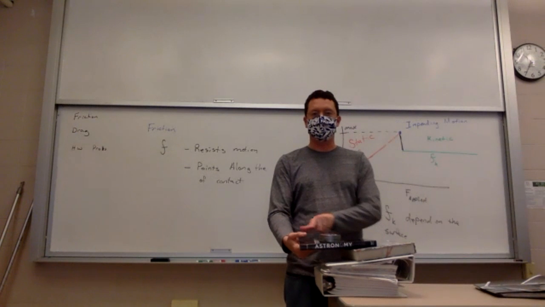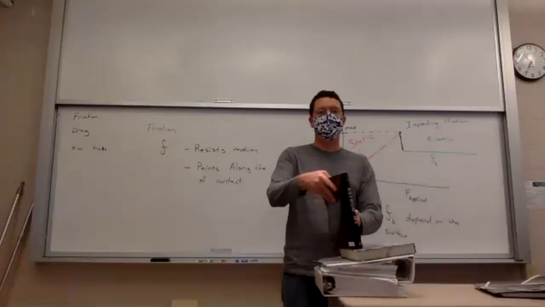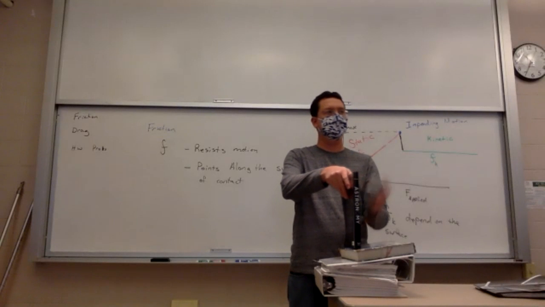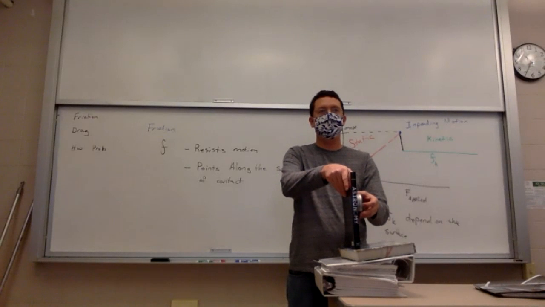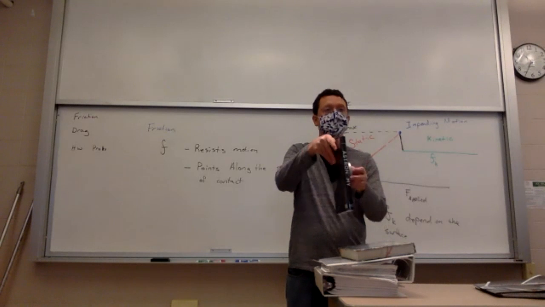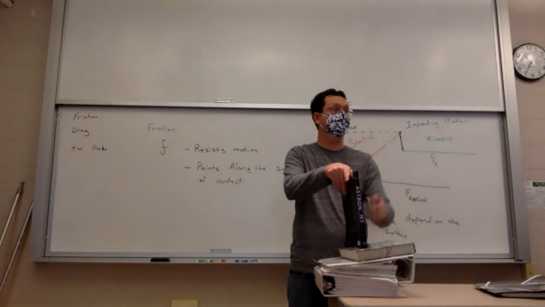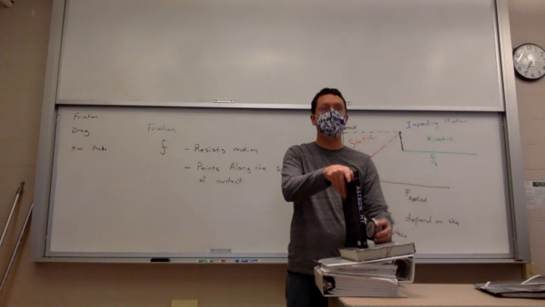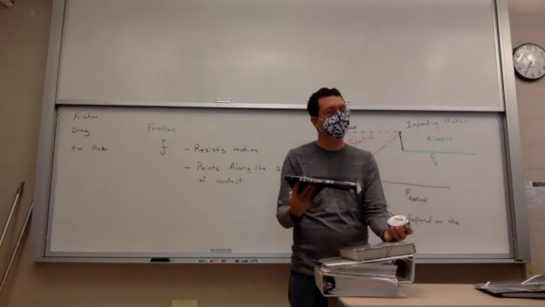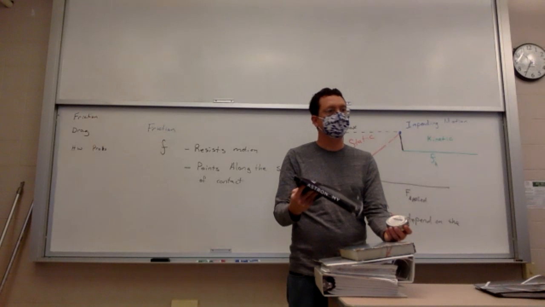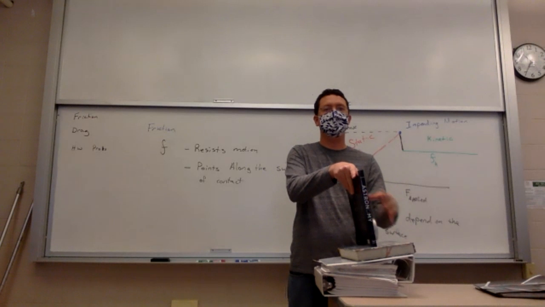There's friction here as I push on it. But when I go this way, this object still has a weight, and it's still the same surface, but the friction force is essentially zero. It's not a surface effect, but the friction force is zero.